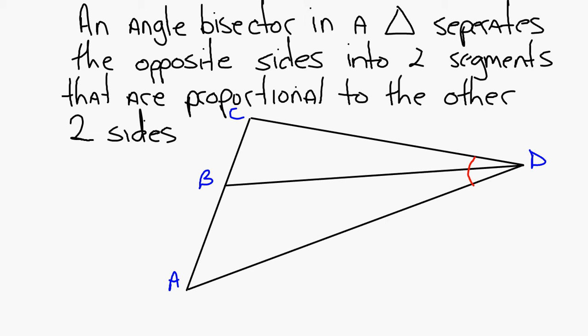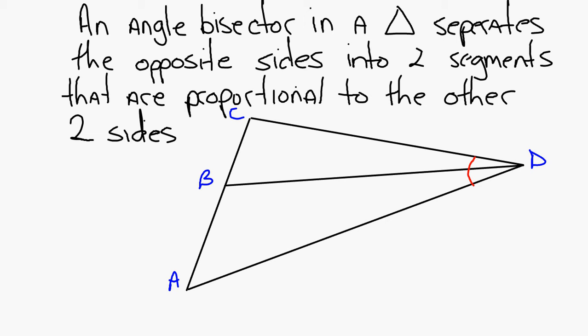Here's what you're going to remember about this situation. What it says is that this angle bisector creates these two pieces, doesn't it? These two pieces that were created are proportional to the other two sides of the triangle.